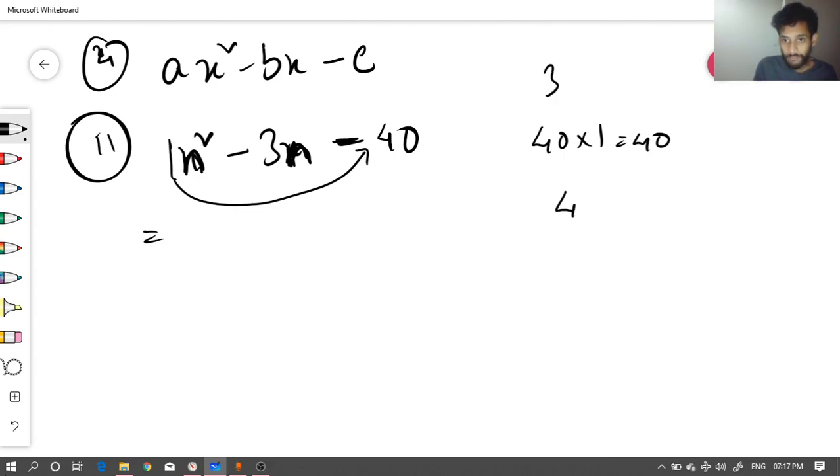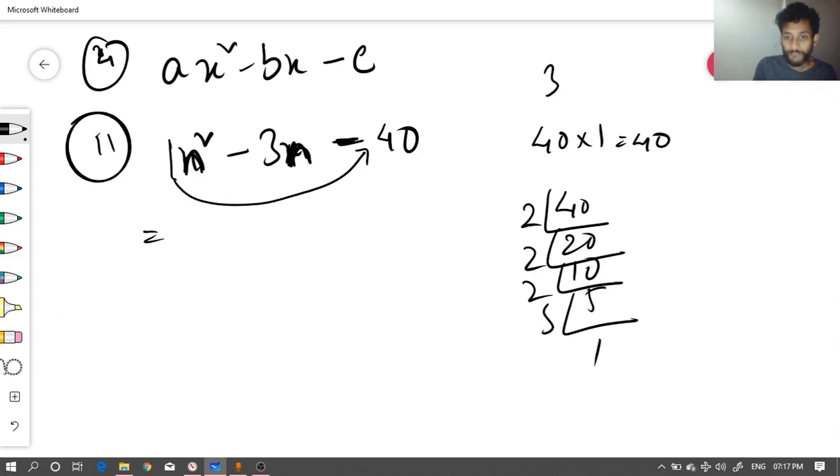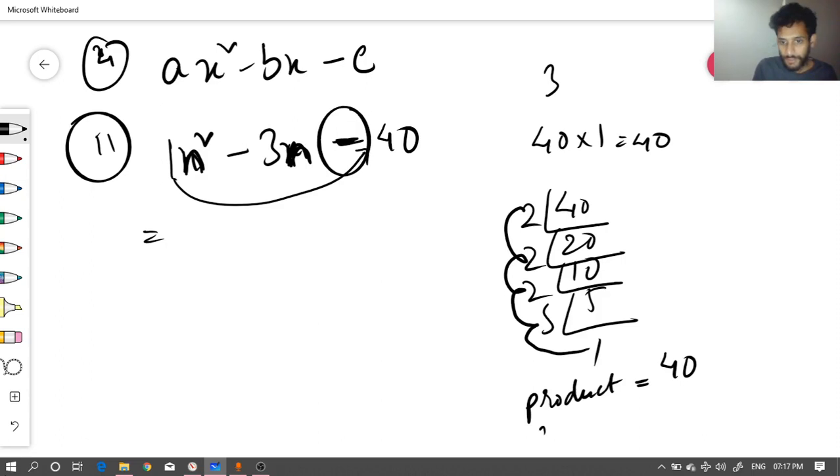If I find the prime factorization of 40, it will be 20, then 10, then 5, then 1. Now we have the numbers 1, 5, 2, 2, 2. So these are the numbers. The product should be 40 and the subtraction should be equal to 3.